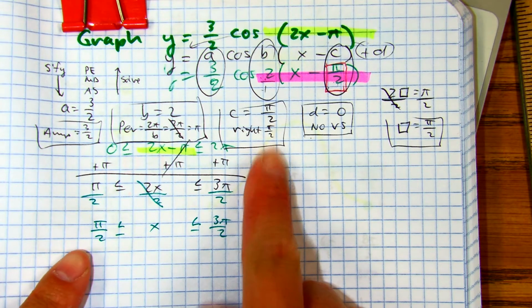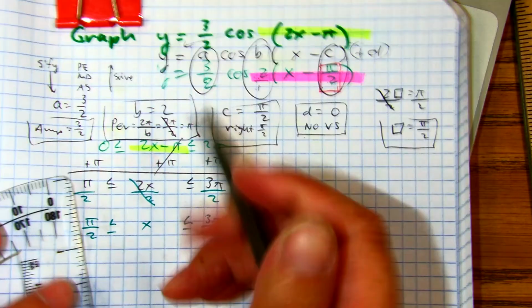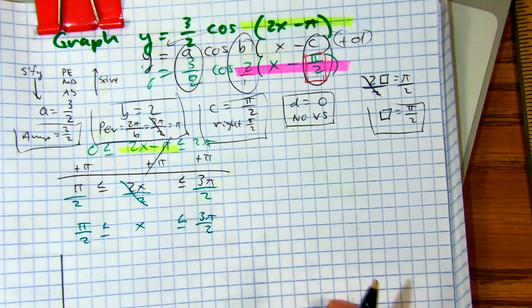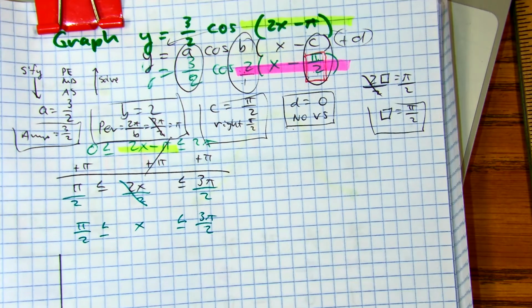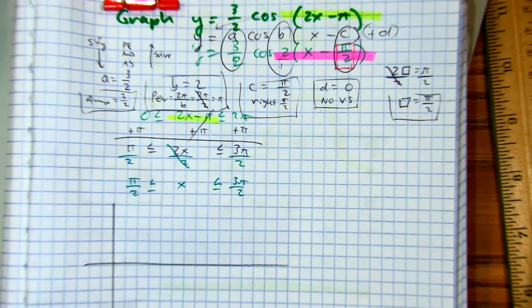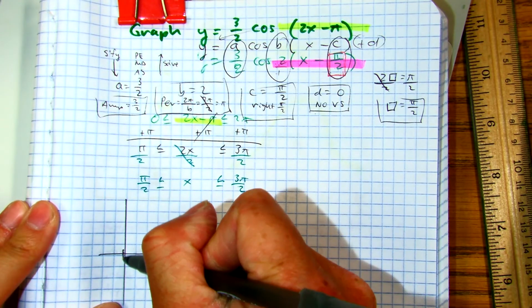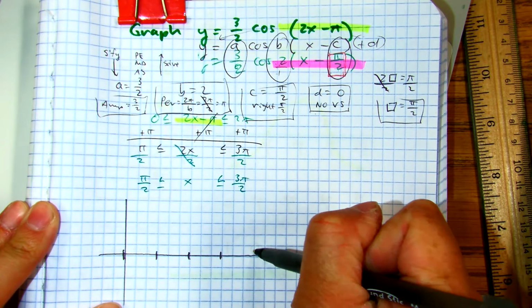Let's go ahead and make our graph. So originally we would have 5, right? 1, 2, 3, 4, 5.